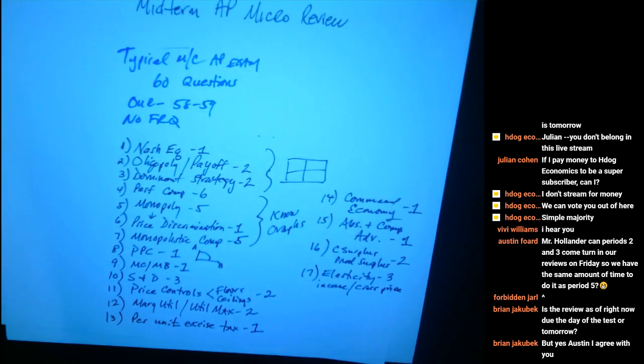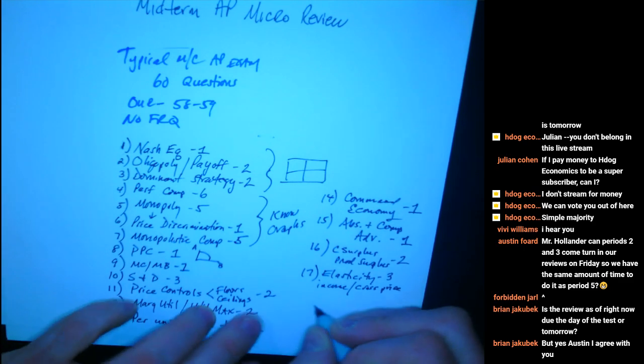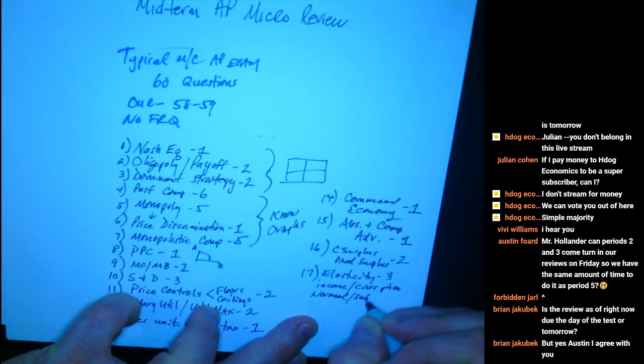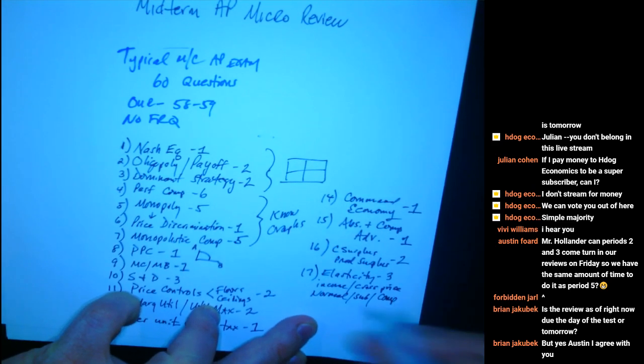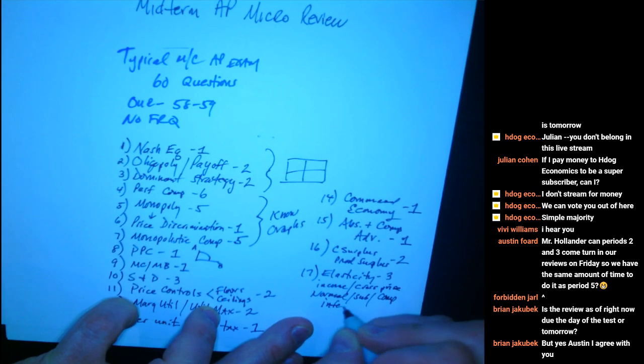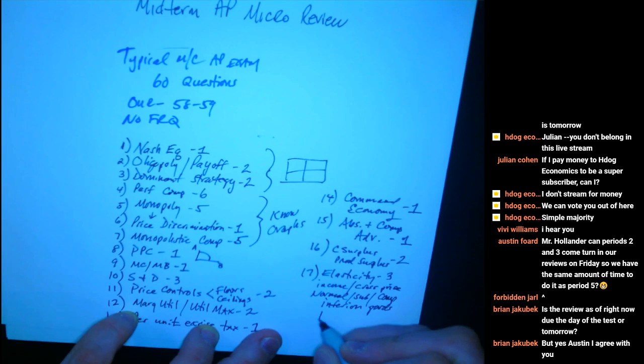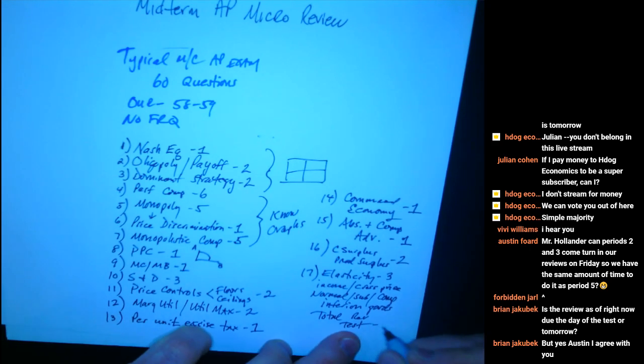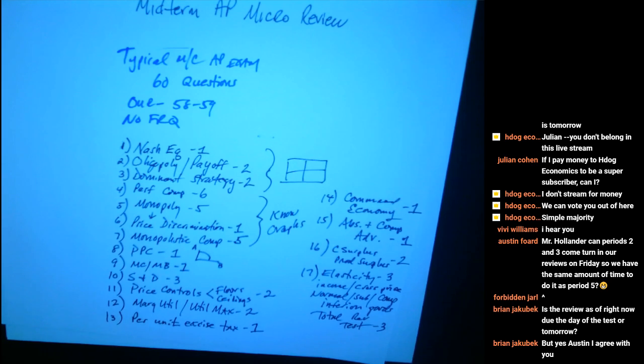While we're on that, make sure you know normal goods, substitutes, complements, inferior goods, and the total revenue test. And those are going to add in another 3 questions.